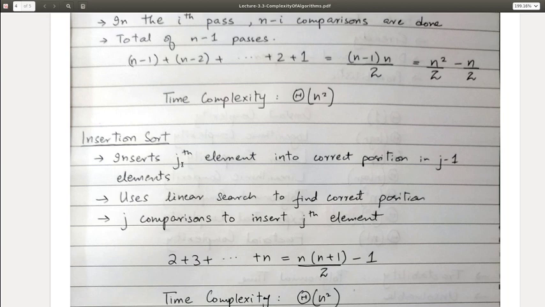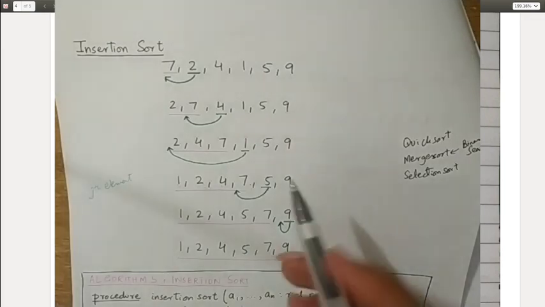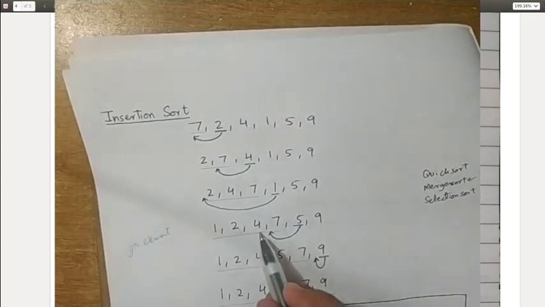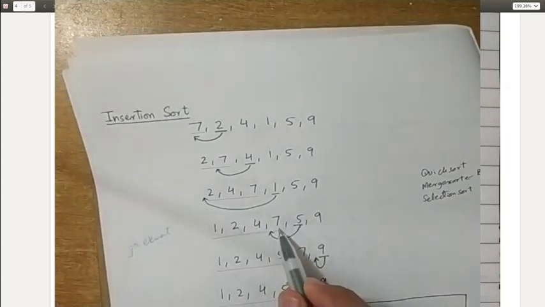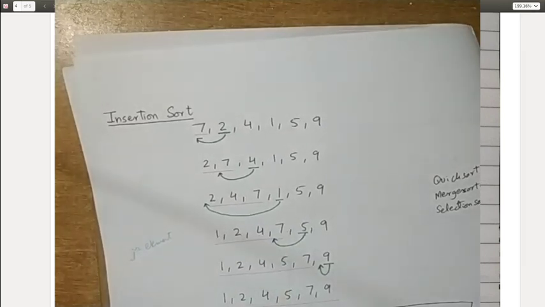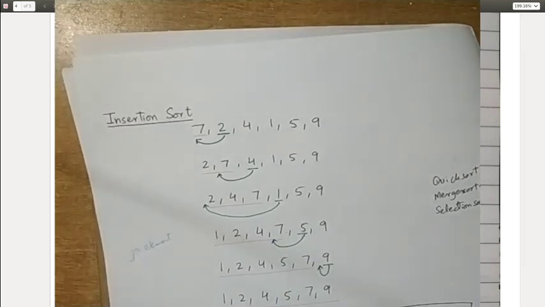So for example, in the worst case scenario, for this element, you're going to compare with this one and this one and this one and this one, right? So for the jth element, you're doing j comparisons at max. And so then you can add these numbers up.